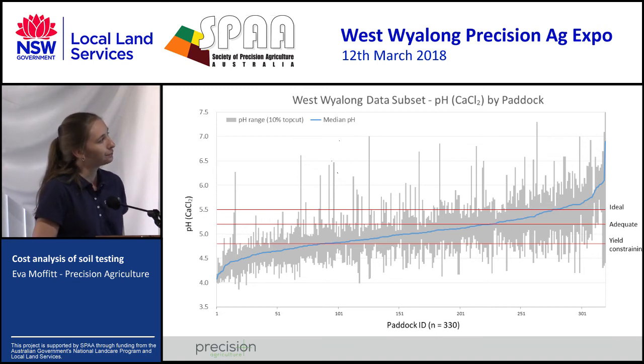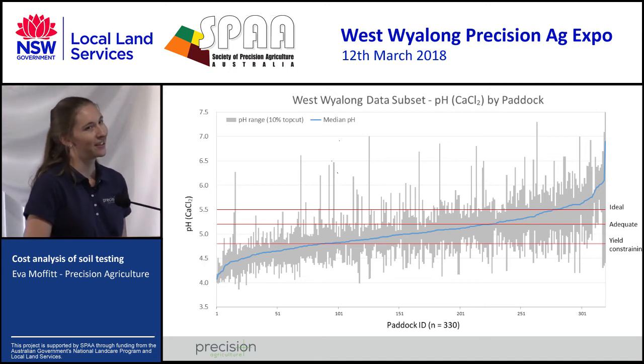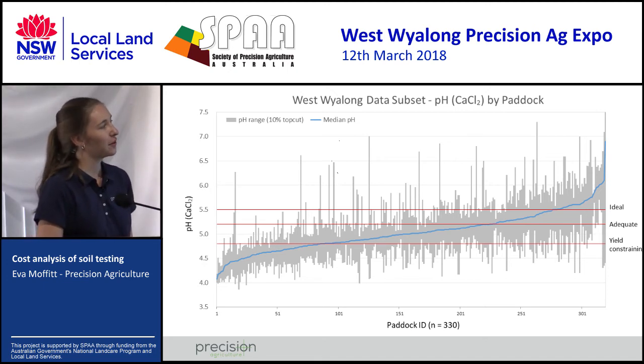Down this end, these paddocks here, I'd say, when is it not economic to implement a variable rate approach? If you know your paddock is really acidic and you've done some soil tests and there's not much variation in soil texture, so it's going to be probably a fairly light sandy soil, just go and put 3 or 4 tonnes of lime on, because your map isn't probably going to help you very much.